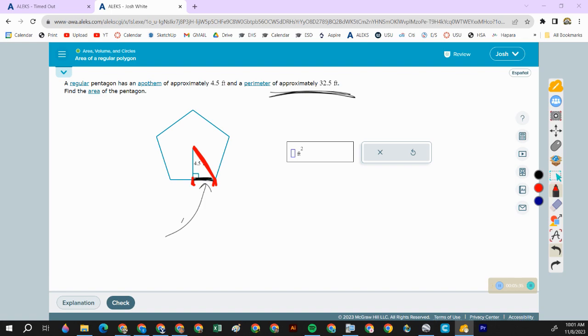Well, there are 5 sides. If the entire figure is 32.5, then I can divide this by 5. So 32.5 divided by 5 gives me 6.5. Okay? And if that's 6.5, how big is this?